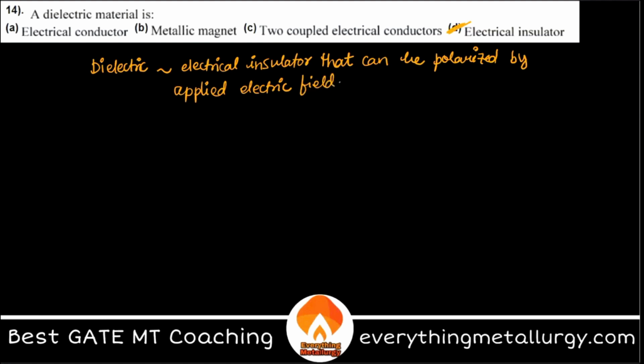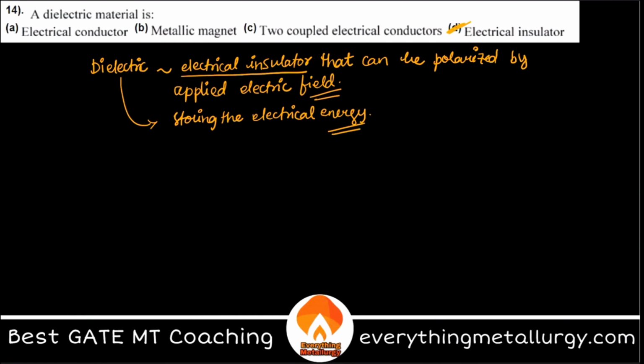So what happens is these are used for storing the electrical charge, because usually they cannot conduct electricity as they are insulators. So it will store the electrical energy in it.